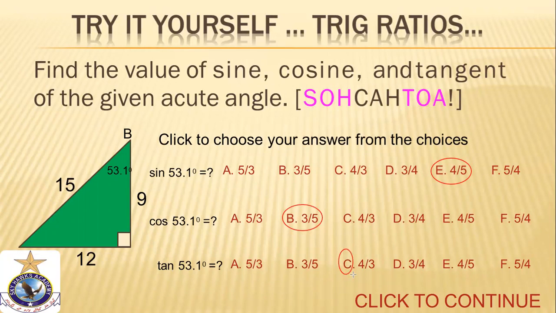So this is your answer. What you are making use of for the sine is opposite over hypotenuse, 12 over 15. For the cosine, adjacent to the hypotenuse. And for the tangent, opposite over adjacent. Am I right? You are right.